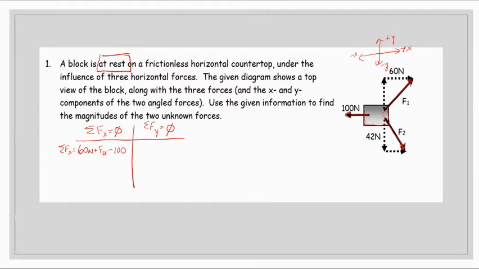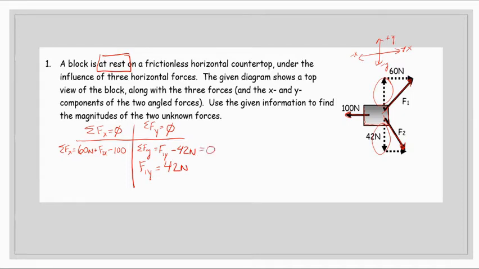And then our sum of forces in our Y is equal to force 1 in our Y direction minus 42 newtons. Notice we only have these 2 forces in our Y direction. So we know that F1y is equal to 42 newtons, because we know that this is equal to 0.